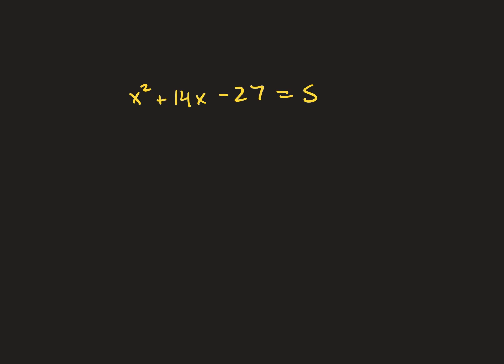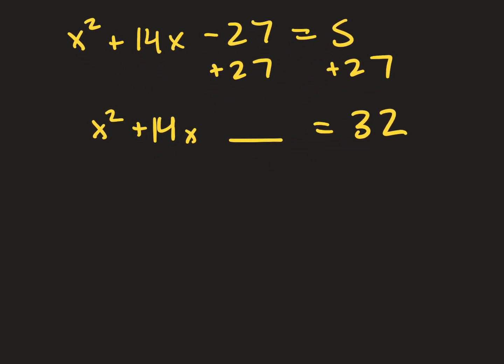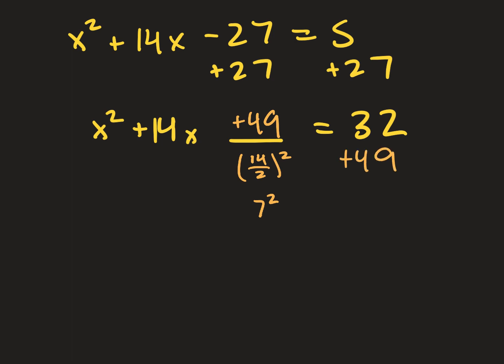So when completing the square, what should we do first? Plus 27. So I have x squared plus 14x is equal to what? 32. Now I need to figure out what's going to go in the blank. So 14 divided by 2 squared. So 7 squared. So I'm adding 49 in here. I have to add 49 on the other side also.